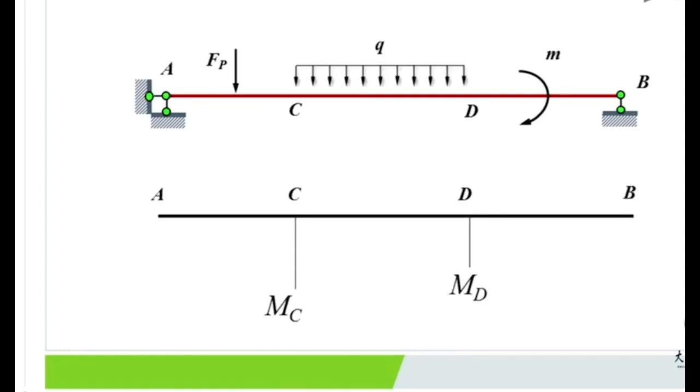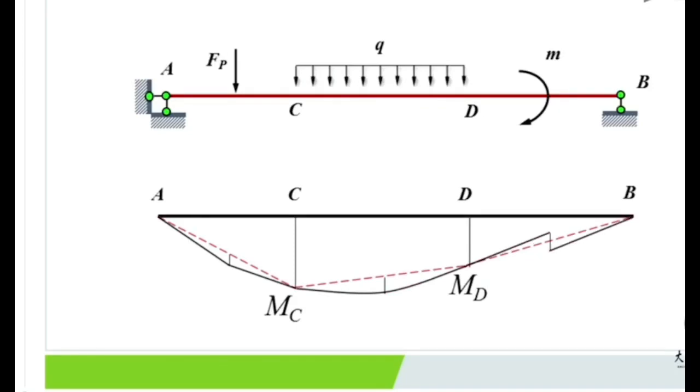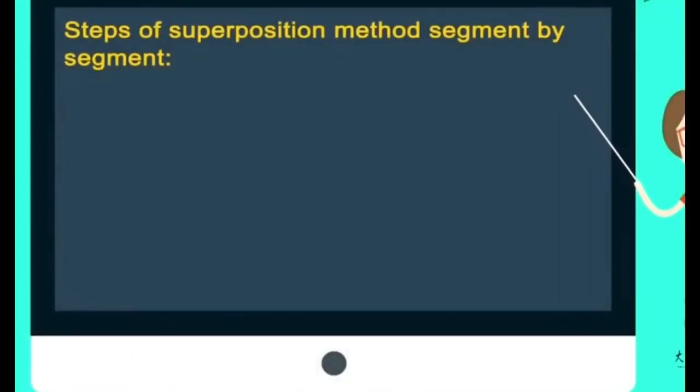Then for section A and section B, M is equal to 0. So we connect these four control sections' M by dashed lines. Then for each part, superimpose fold line, parabola, and fold line. This is the bending moment diagram for the original structure by using the superposition method, segment by segment.